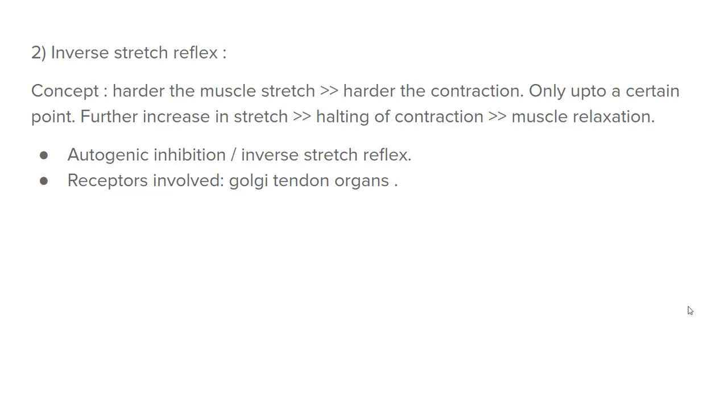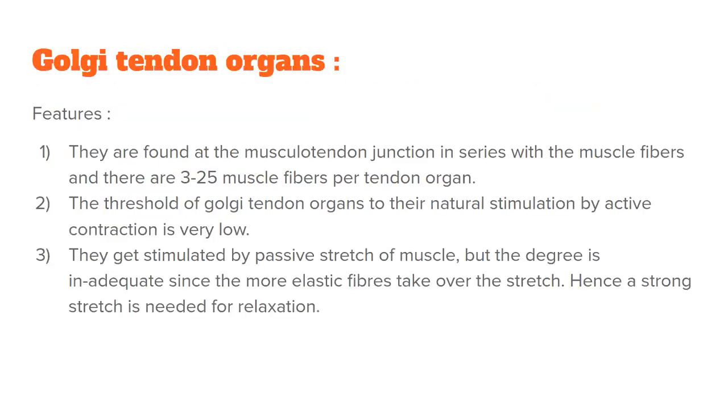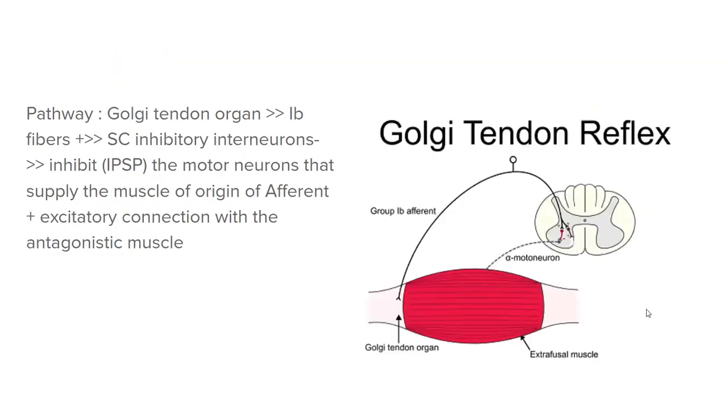So why is this not called a postsynaptic inhibition? This is not a postsynaptic inhibition, and this is the only synapse. I'll show you, ma'am. This directly acts at the level of spinal cord. For example, there is a stretch. The 1B afferent goes to the spinal cord. Then there is an inhibitory action.